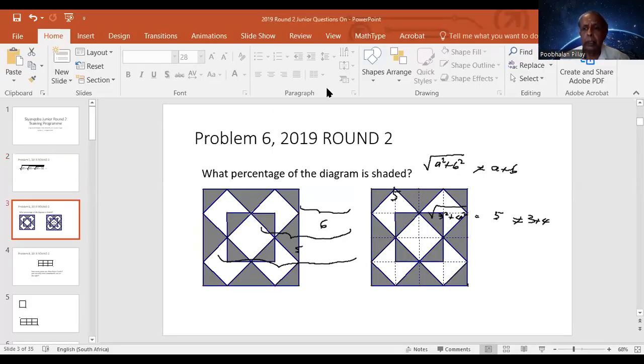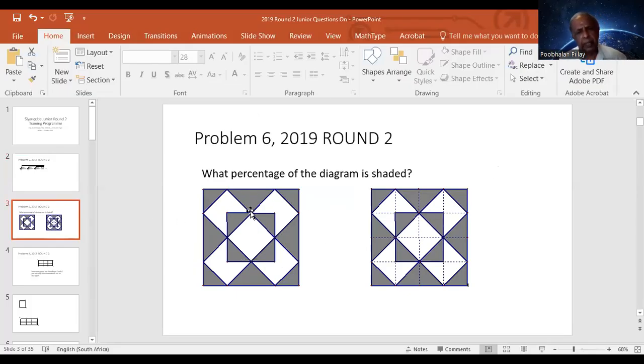Okay, the next problem is a problem regarding areas. You're asked to find the area of this shaded region. What percentage of the diagram is shaded? Now one can guess, but you can never be certain with guessing. Now, how do you find out what the percentage is?